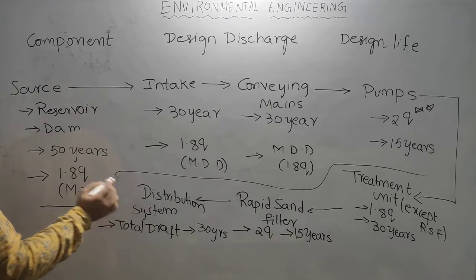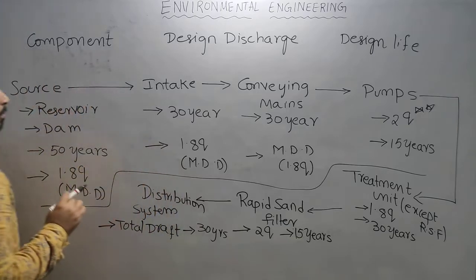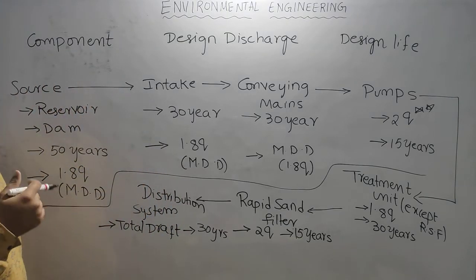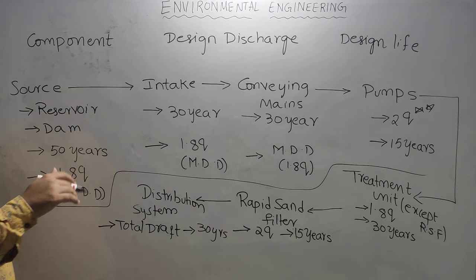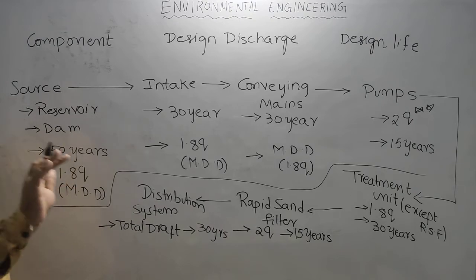From the treatment unit we send water into distribution, and if there is a surplus amount of water, the demand is fluctuating, right? The demand may be less or more, but your supply is always constant.